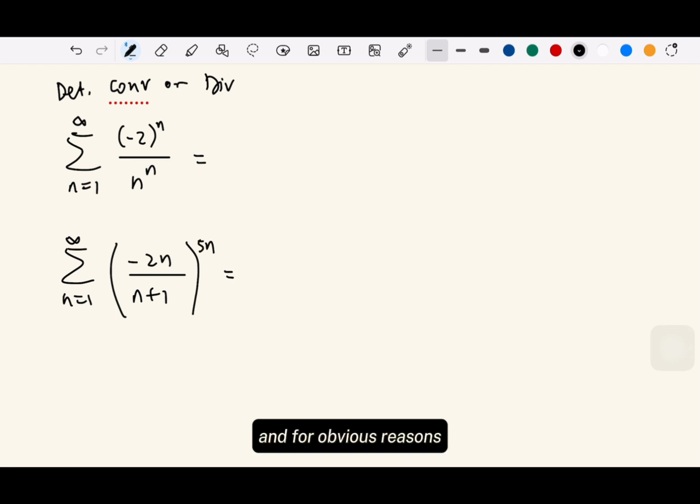For obvious reasons, whenever you see power n, it's either ratio or root. But if it looks like this, one component with power n, then you can just use the root test directly.